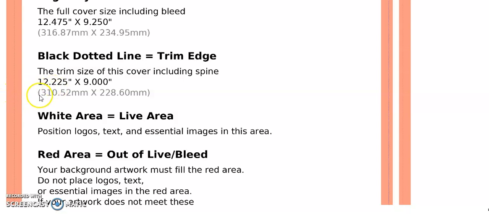So any image or any colour, like a full image or a yellow cover, must travel the full width of the book. Let me just zoom out again on this and explain what I mean, perhaps a little bit clearer. So if I was making a yellow cover, my yellow rectangle would start outside of here and go all the way and extend out past, so that when it's trimmed, it stays yellow.